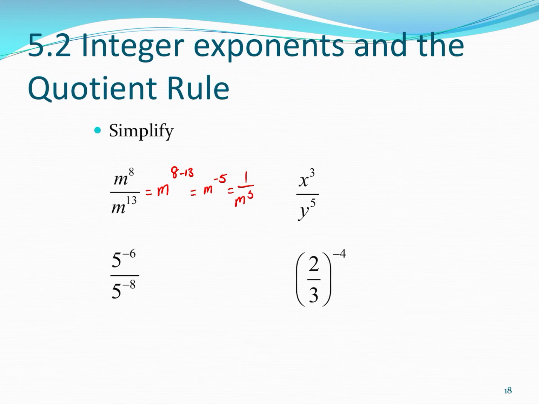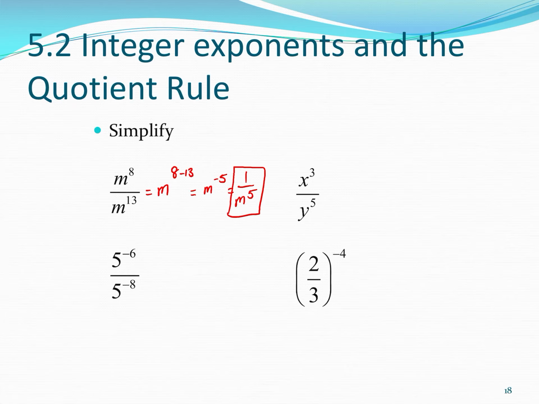So 8 minus 13. But the issue that you run into is that 8 minus 13 is a negative 5. And then we need to make that be a positive. And so to make that be a positive exponent, we make it 1 over m to the 5th. Now, that works fine.